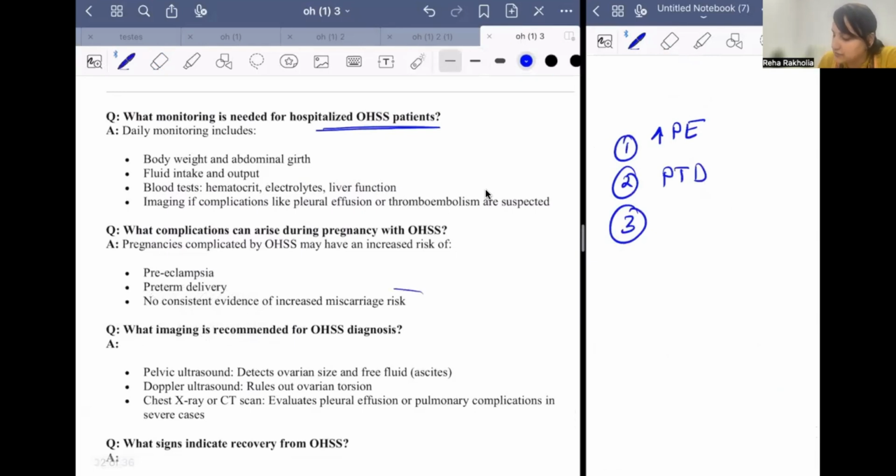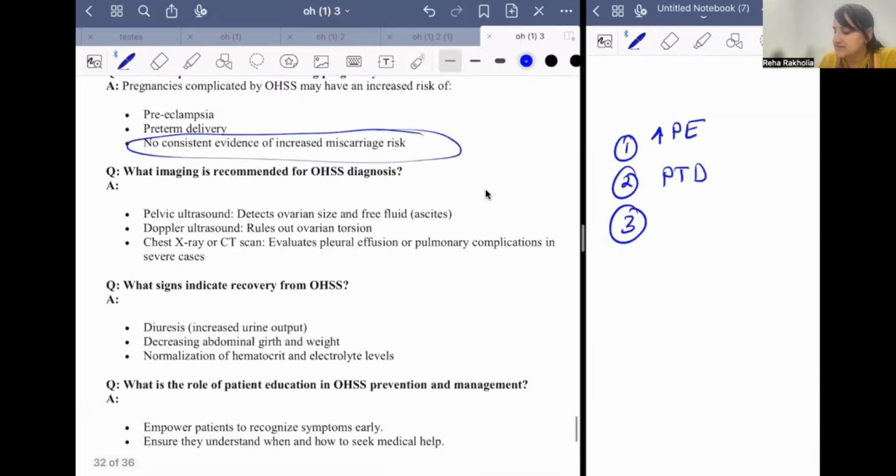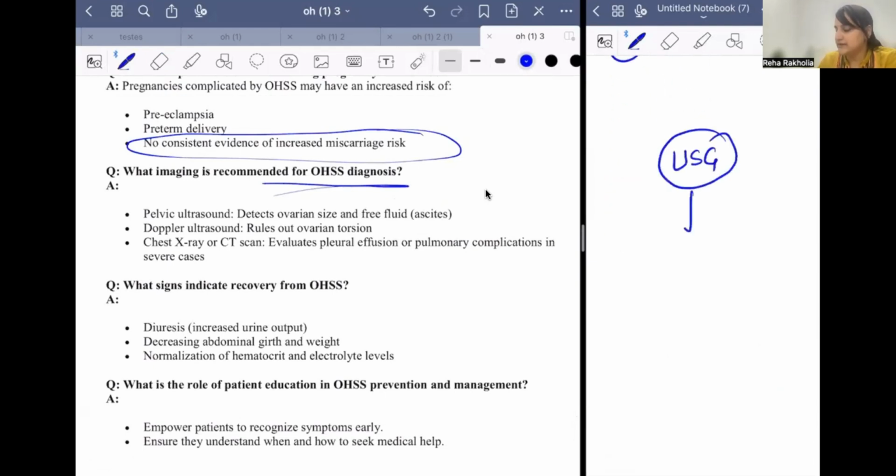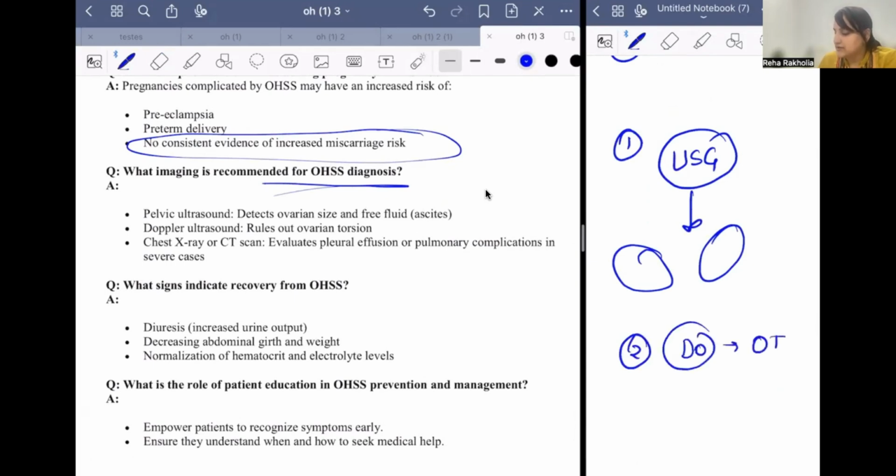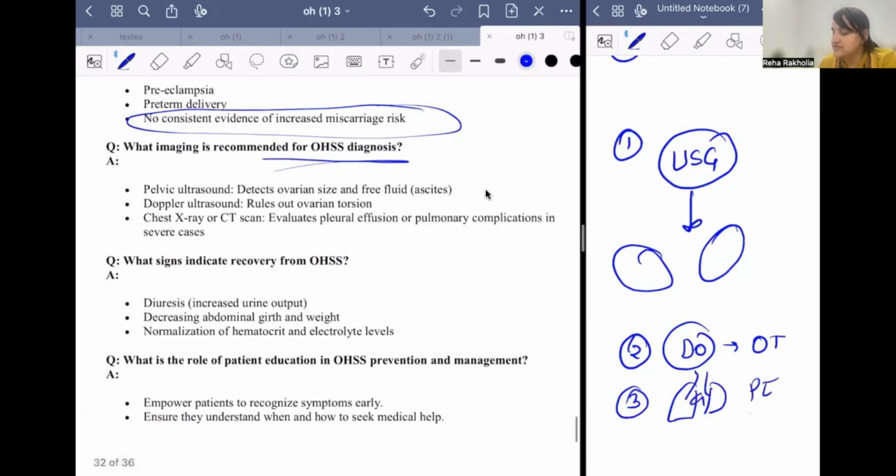Now, what imaging is recommended for OHSS diagnosis? Pelvic ultrasound. This will detect ovarian size and ascites. Second is Doppler ultrasound. This will detect any ovarian torsion. Third is chest X-ray or CT scan. This will detect any pleural effusion or pulmonary complication in severe cases.